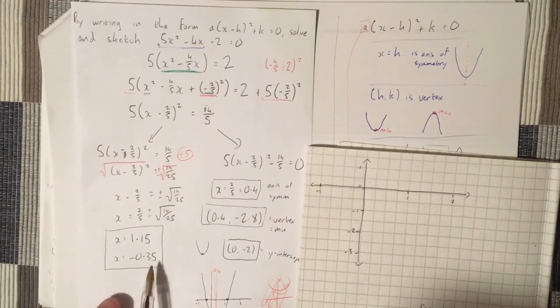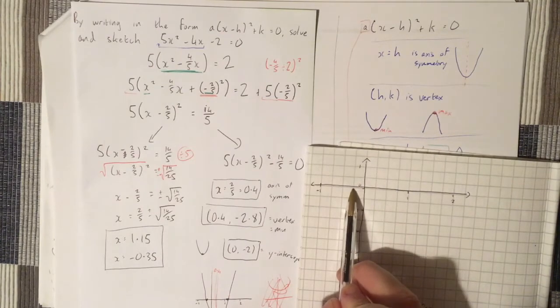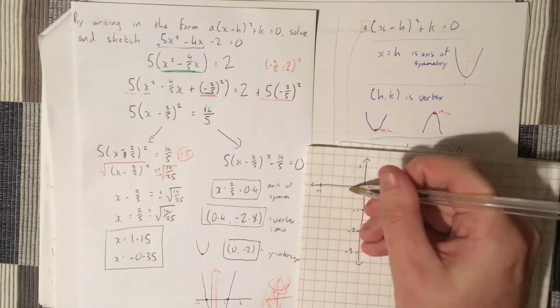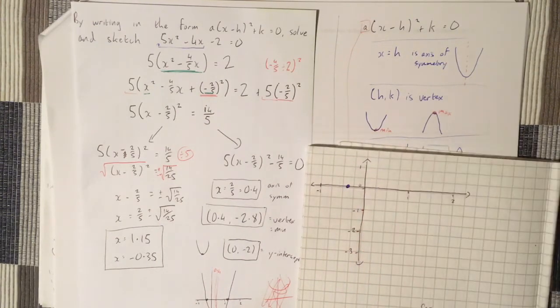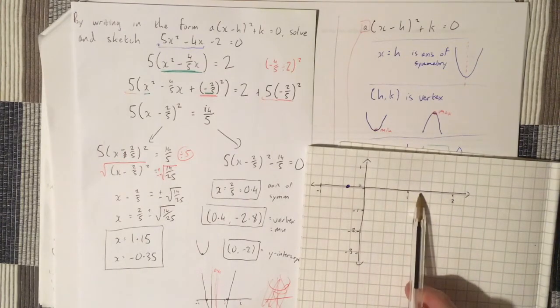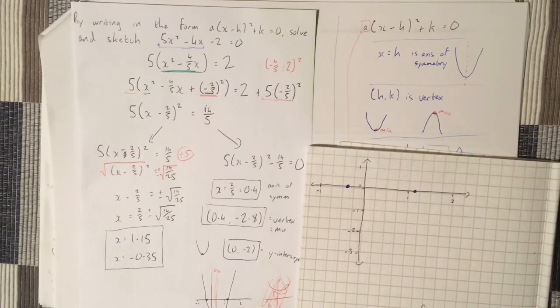So what do I know? I know the roots are minus 0.35, so if I'm breaking it up into 4s, that'll be minus 0.25, this would be minus 0.5, so around halfway between those is going to be your minus 0.35. 1.15 there, there's 1, there's 1.25, so again, just roughly halfway, a little bit over.